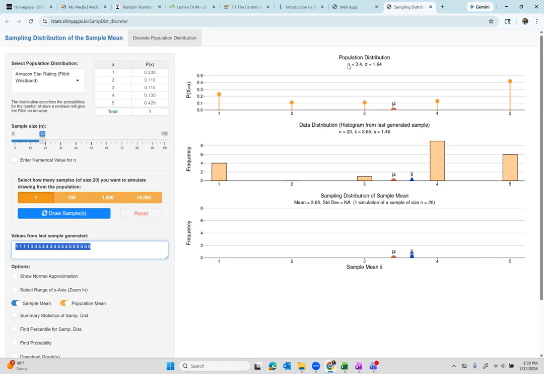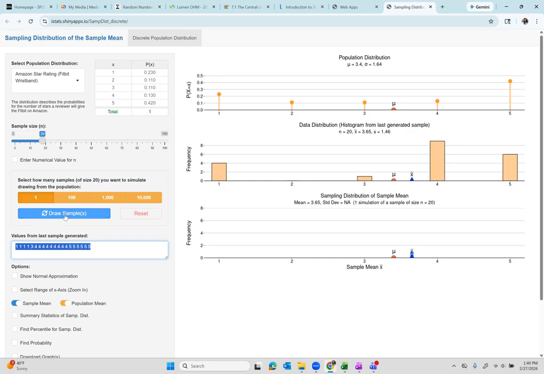The mean of the population is 3.4, and it is shown here as a semicircle sitting always in the same location. So the first sample mean was 3.65.